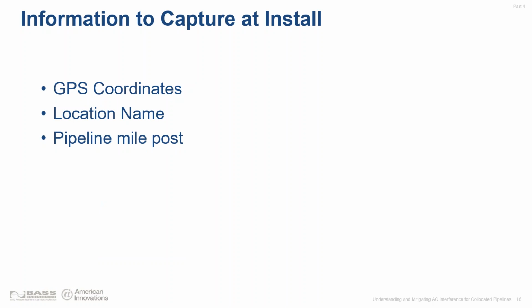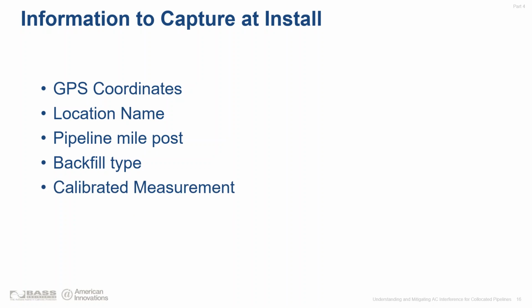The pipeline milepost number is another great point to look at. Backfill type, this is especially good as a check to see whether or not you've installed that coupon correctly. Calibrated measurement, and by calibrated measurement, I mean a comparison between the stationary reference cell that's installed with the coupon in comparison with a freshly prepared sample at the surface.